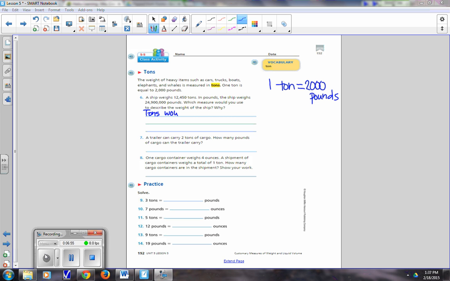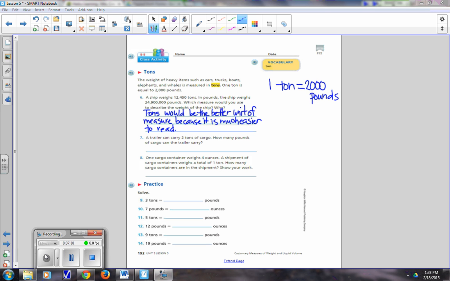Tons would be the better unit of measure because it is much easier to read. I'm hoping you can give me a thumbs up that you agree. Saying this ship is 24,900,000 pounds is a lot harder to say than 12,450 tons. It's a little easier, right?